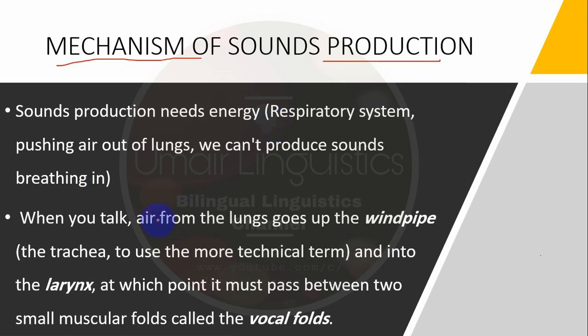When we talk, air from the lungs goes up to the windpipe, technically also known as the trachea, and then after the trachea it comes into the larynx, which is also called the voice box. At this point the air must pass between two small muscular folds which are called vocal folds.